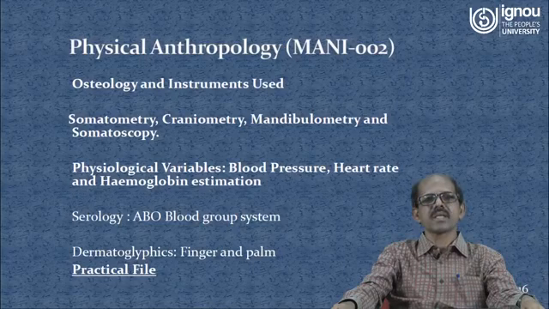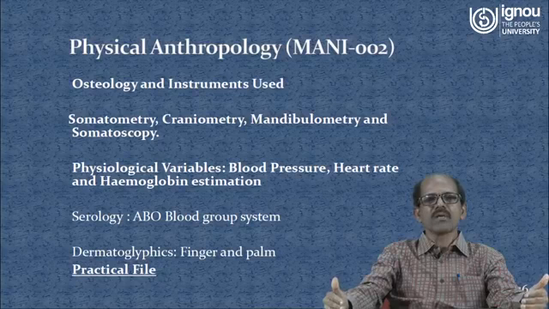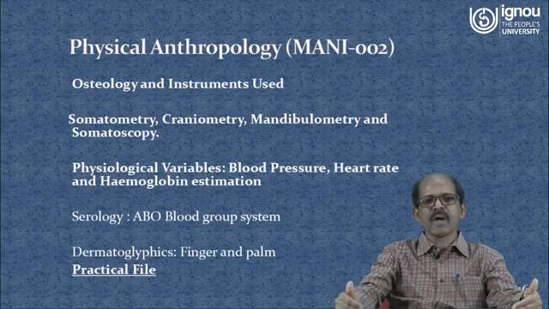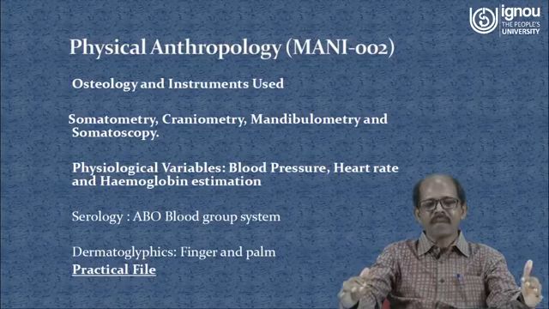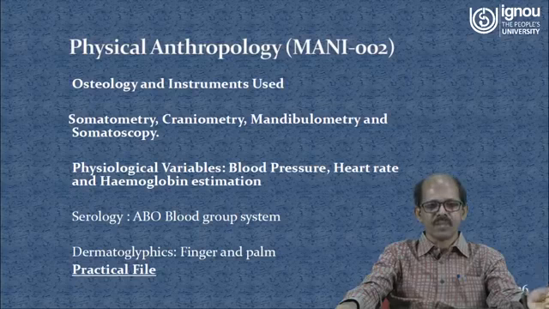What is osteology? Osteology is nothing but the study of bones. What are the different bones that are in the human body? Like your long bones, your short bones, your irregular bones, your sesamoid bones, etc. And then we have described in detail what are the instruments that have been used in this practical, like the anthropometric rod.